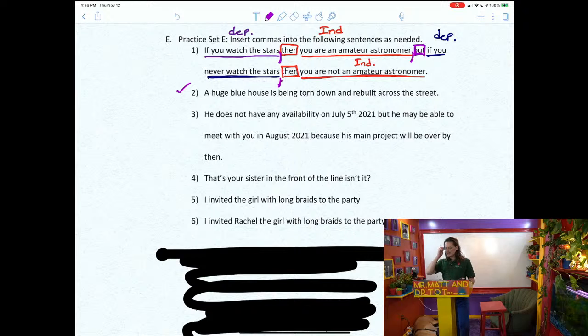3: he does not have any availability on July 5th, 2021, but he may be able to meet you in August 2021 because his main project will be over by then. So we have a formal date occurring mid-sentence, so we need 2 commas surrounding the year. But the second date is not a formal date listing. It's only the month and the year, so it takes no commas.